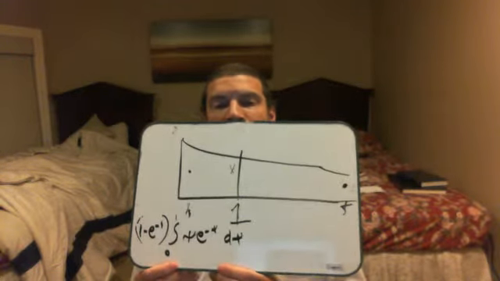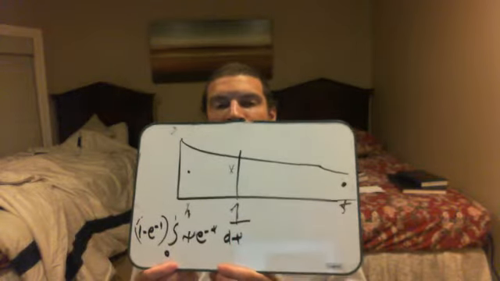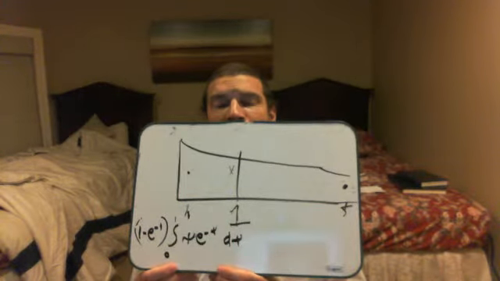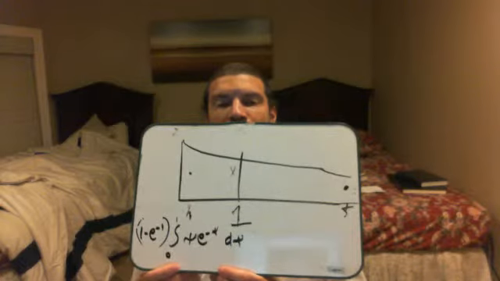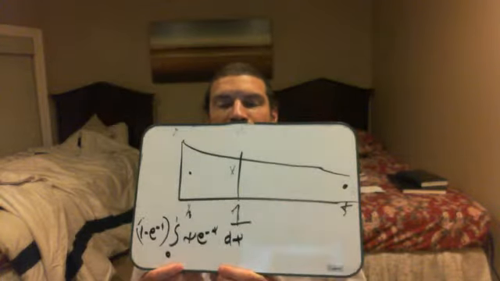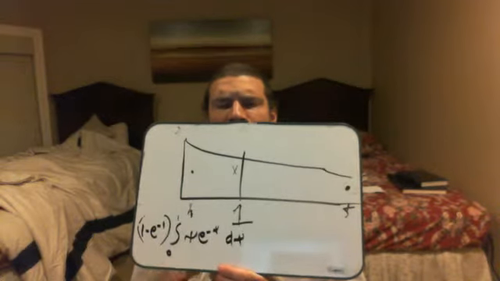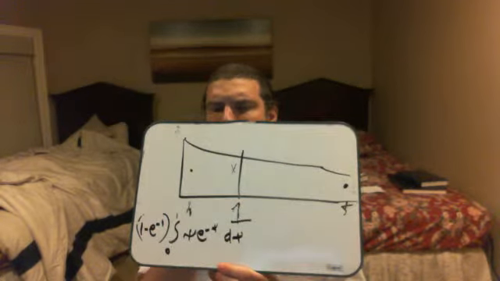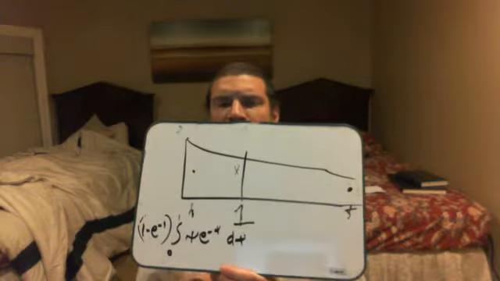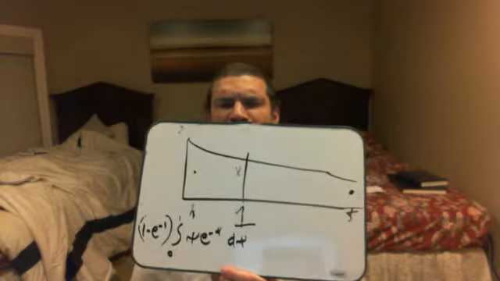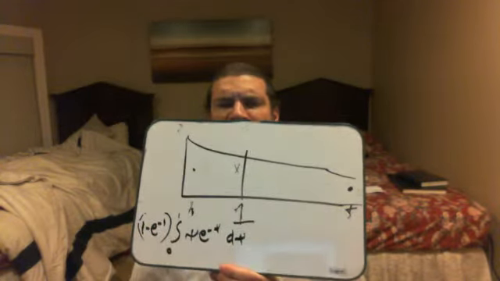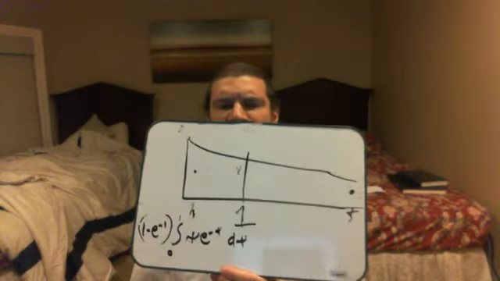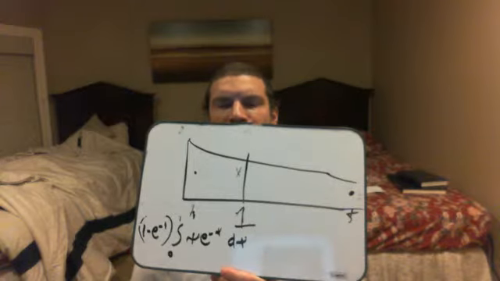That is the total probability of getting this if it's less than 1.